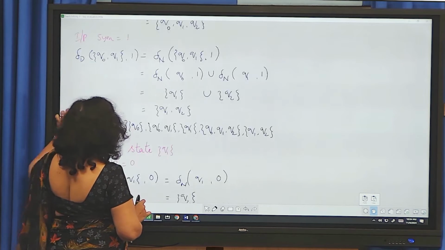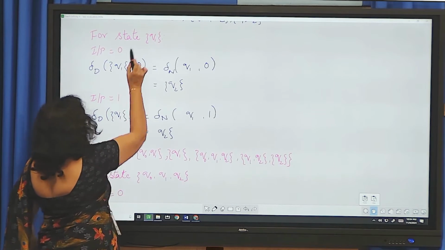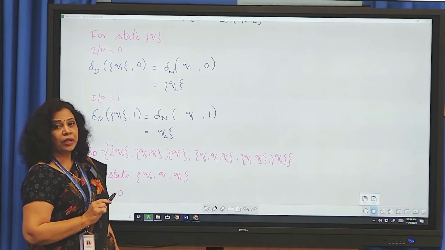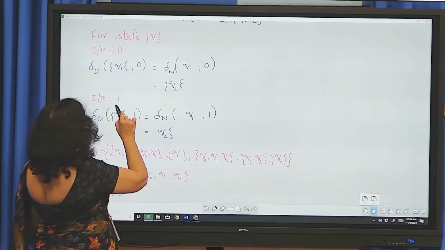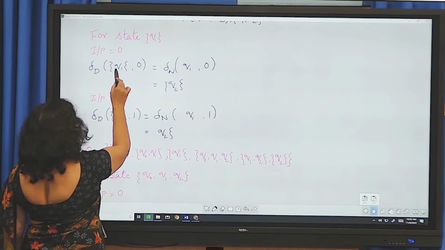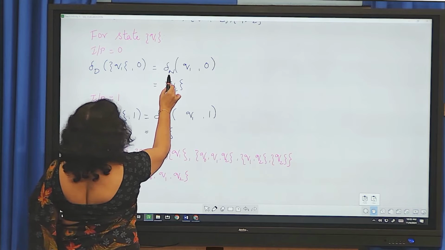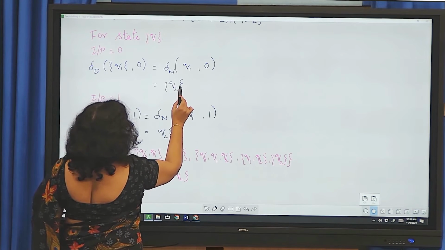So, consider the state Q1. Okay. For state Q1, apply the input 0. So, input equal to 0. Delta D of Q1 on 0 equal to delta N of Q1 on 0.